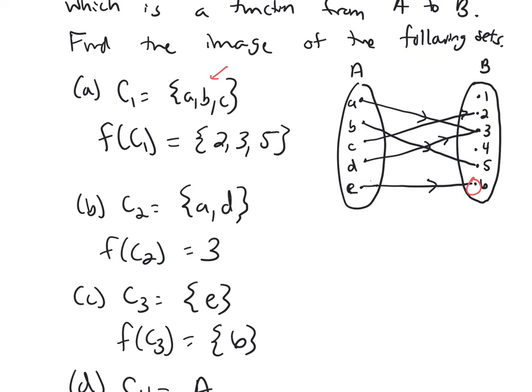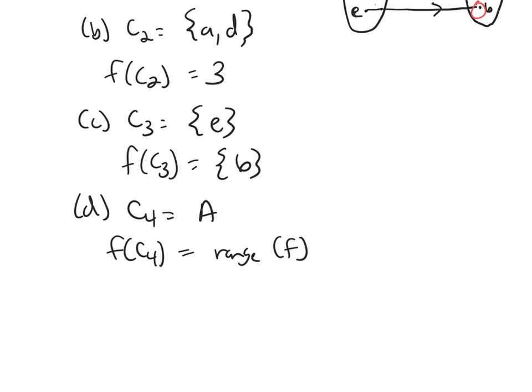So 6 does, 5 does, 3 does, and 2 does. But 1 and 4 don't have arrows coming into them. So this is going to be everything but 1 and 4. So 2, 3, 5, and 6.